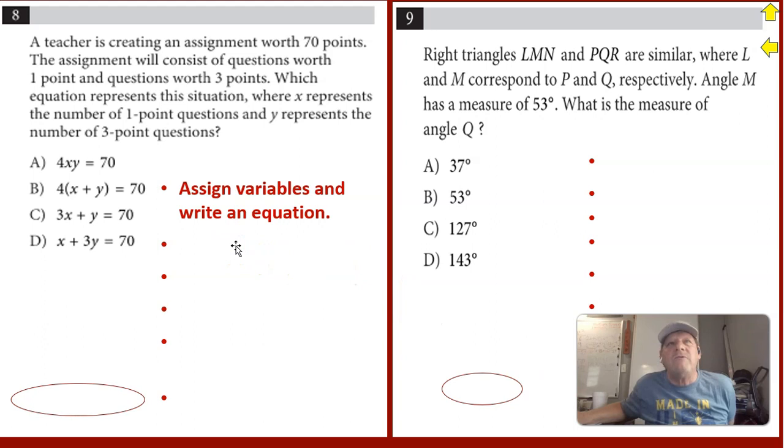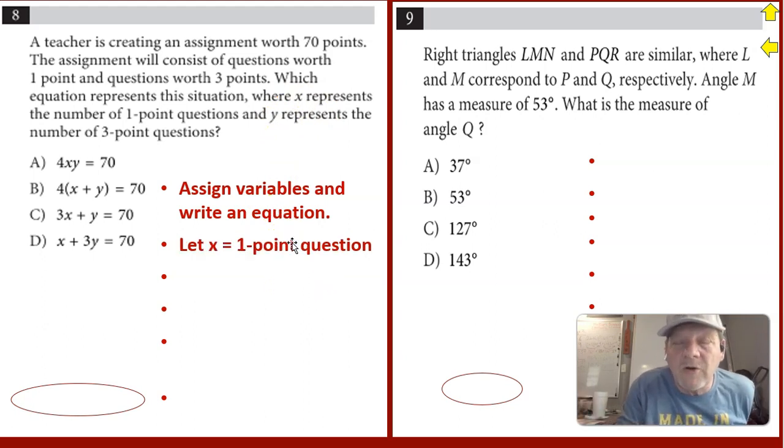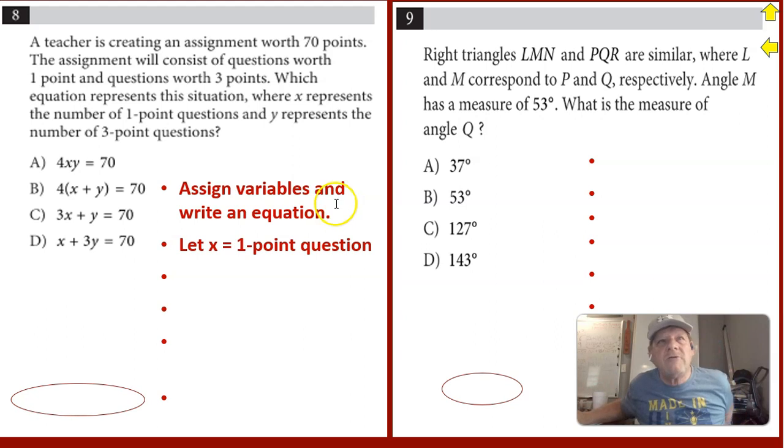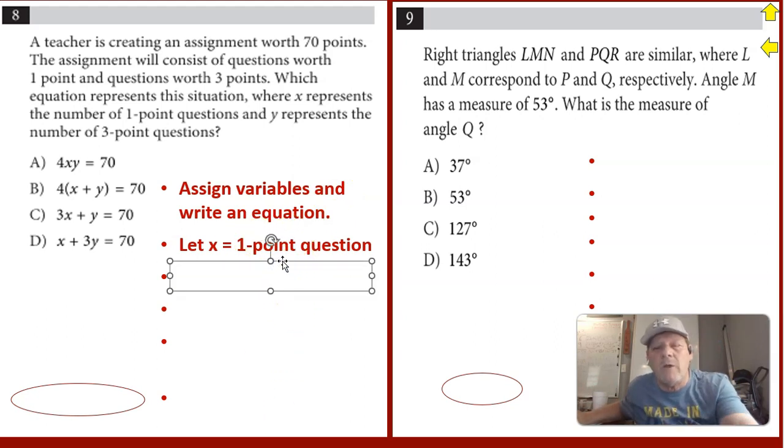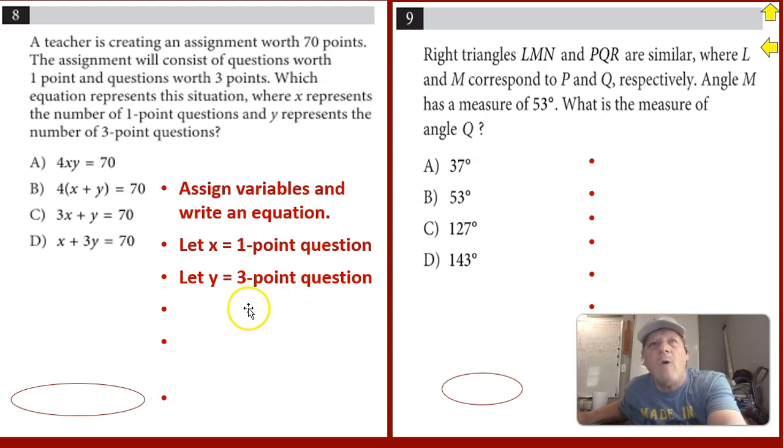Well, it gives you those up here where it says where X represents the 1 points and Y represents the 3 points. So since it gives you those, we're going to use what they tell us to do. So let X equal the 1 point questions and Y equal the 3 point questions.